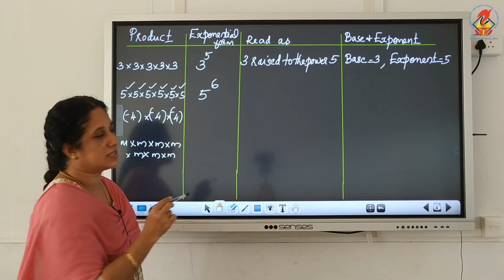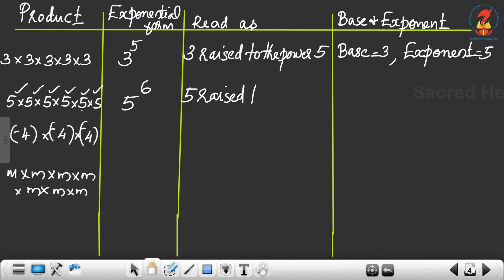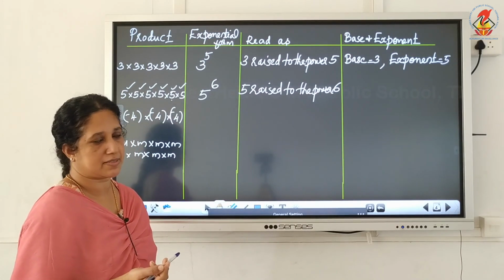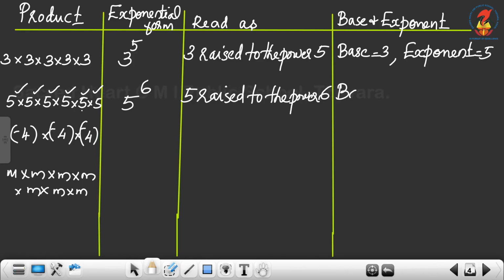How can you read this? 5 raised to the power 6, or simply 5 raised to 6. In 5 raised to 6, base is 5 and exponent is 6.